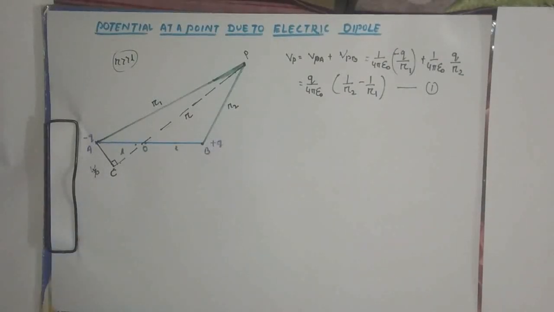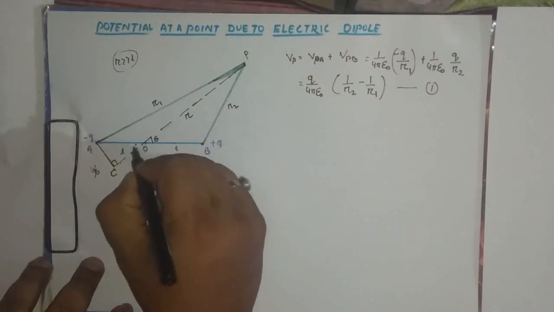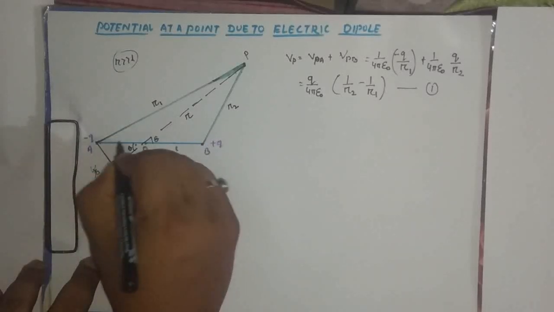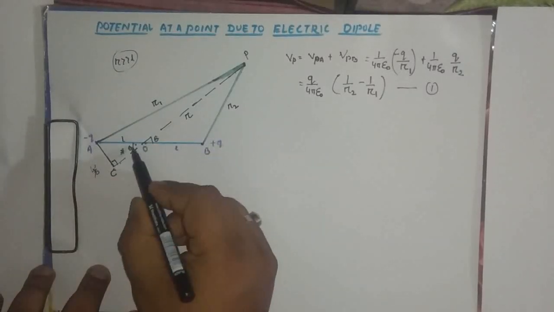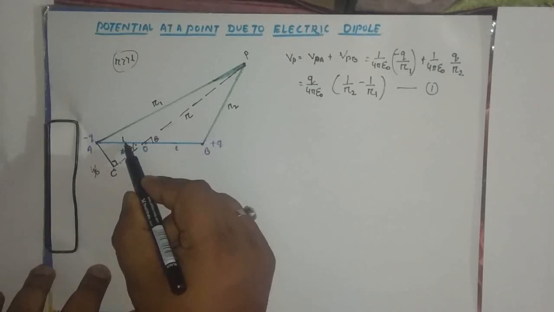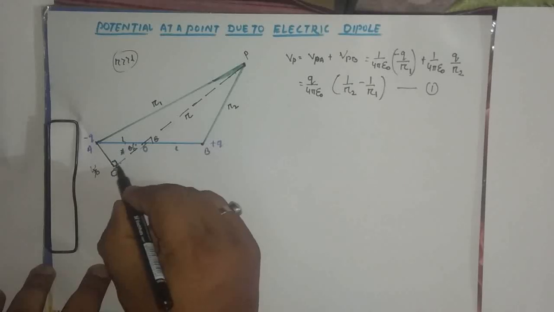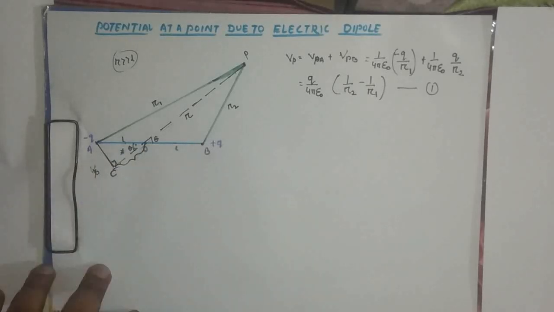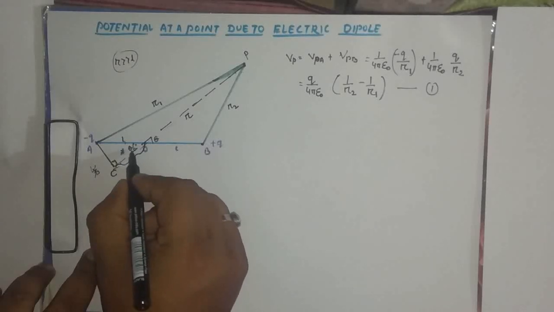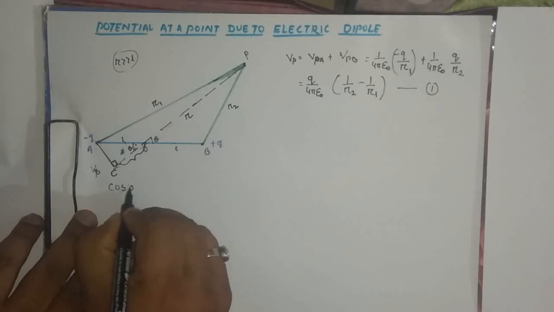Now what is this distance? This is the angle theta, so this is also theta, and this was L. This is 90 degrees, we know L, we know theta. I want to know this distance, CO. So what is CO from this figure? For this theta, this is the base, so cos theta equals base by hypotenuse, CO by L. I need CO, which is L cos theta.